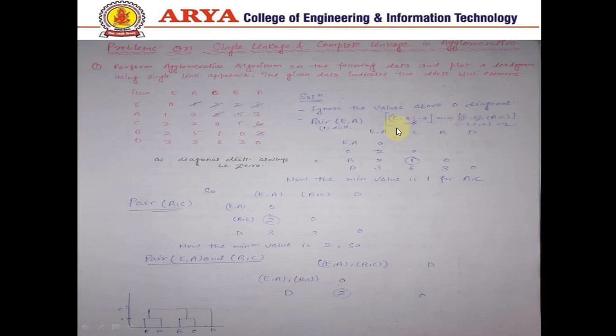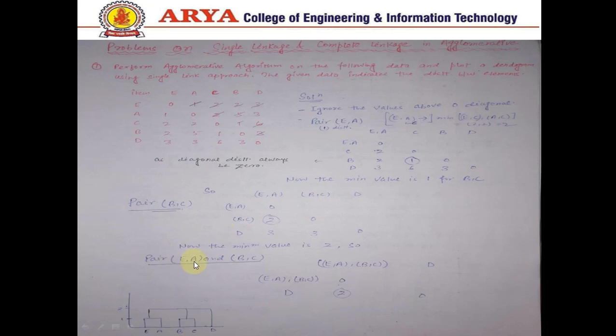After pairing E, A, we get a matrix where E and A are grouped as a single pair and the other elements remain the same. Now the minimum value is 1 for B, C. Again we pair B, C as a single pair, so E, A and B, C, then the process is repeated.